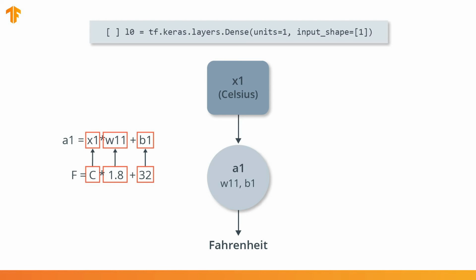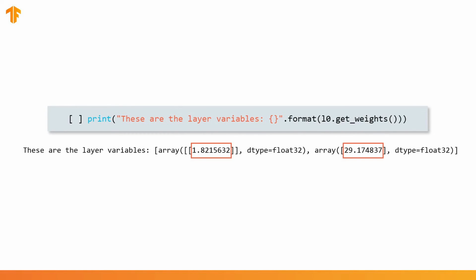If weight W11 is set to 1.8 and B1 to 32, then we would have exactly the formula to solve this conversion problem. And in fact, when we look at the printout from the Colab, you can see that our weight and bias get tuned to the correct values to solve Celsius to Fahrenheit conversion. Namely, the weight is tuned close to 1.8 and the bias is 32.